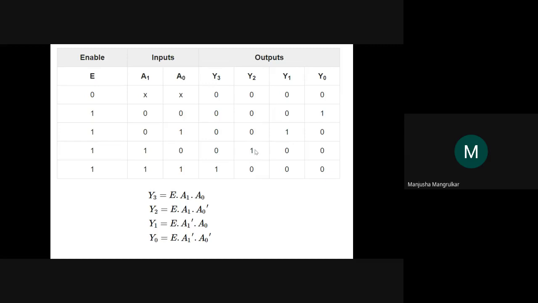Y2 is equal to A1 into E. Y1 is equal to A0 into E, and Y0 is equal to E, A1 complement, A0 complement, right? So these are your equations for the outputs of your decoder.